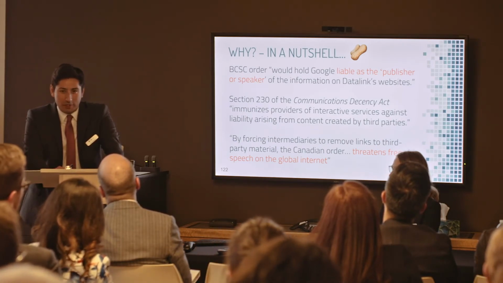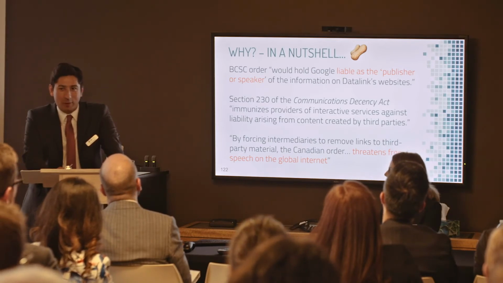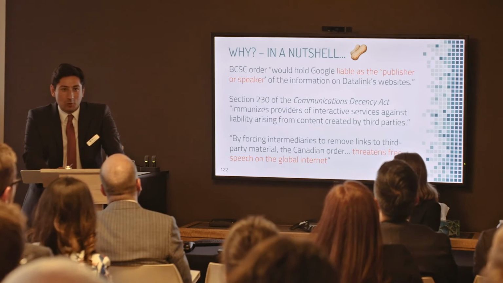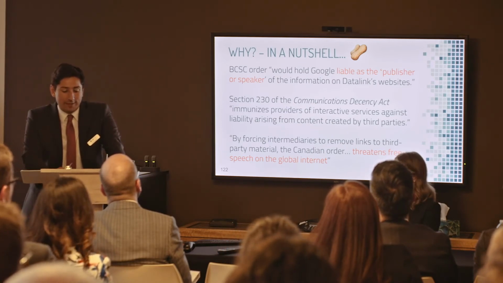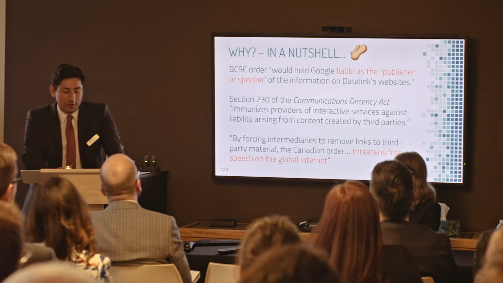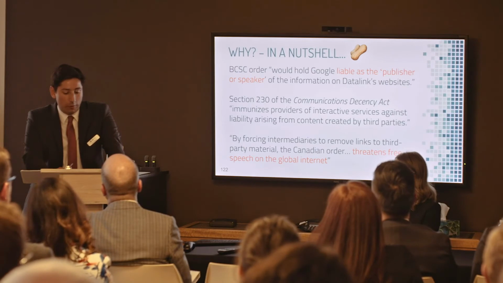I'll pause here for a moment to note that that's actually not what the Supreme Court says. The Supreme Court goes out of its way to say that Google is not being held liable. It writes at paragraphs 52 to 53, Google is how DataLink has been able to continue harming Equustek in defiance of several court orders.